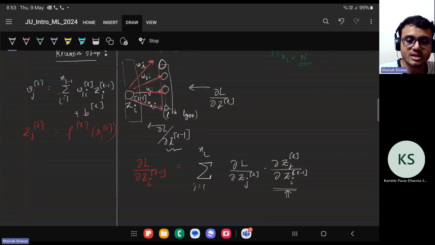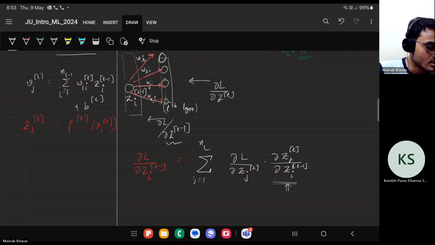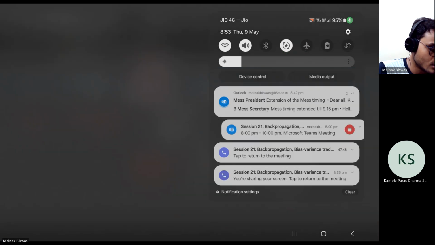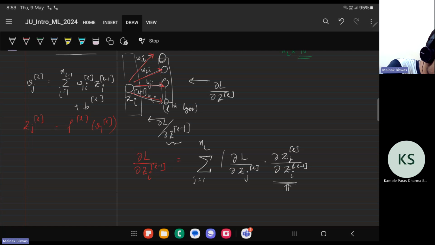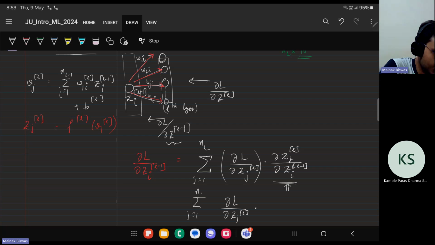So if you understand this, then what can you tell me? Just put these values. This I already know from the next layer. Just put this value, N_L.